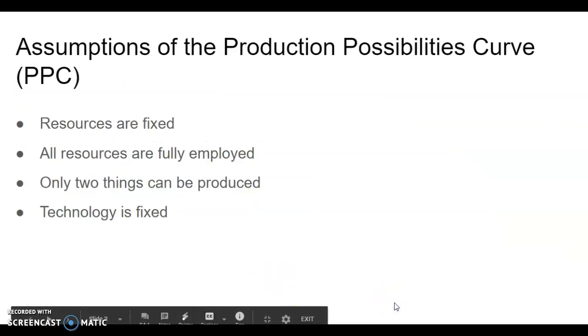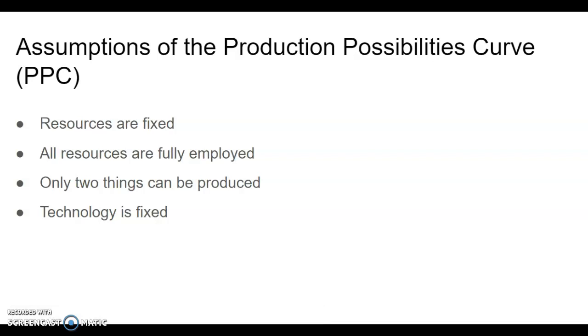There are four assumptions of the production possibilities curve. The first assumption is that resources are fixed. The idea here is that you have as many resources as you can get. You're not going to lose resources over time, but you will not gain any either. The second principle here is that all resources are fully employed, meaning that you are using every resource that you have access to.